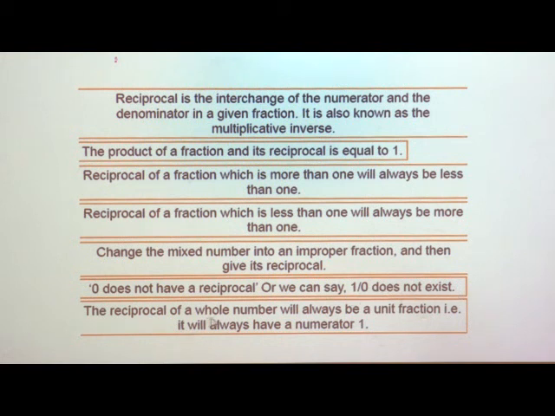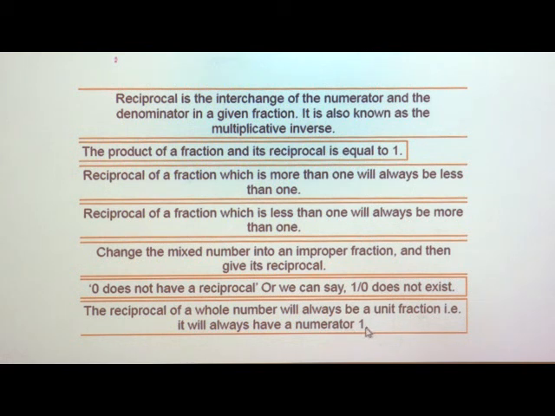The reciprocal of a whole number will always be a unit fraction, that is it will always have a numerator 1. When reciprocal of a whole number means, already now we had seen the activity, that is 2 is a whole number. Yes, in the activity what I had showed on the board, will be always a unit fraction. Unit fraction means what? 1. 1 is nothing but a unit fraction, that it will always have a numerator as 1.